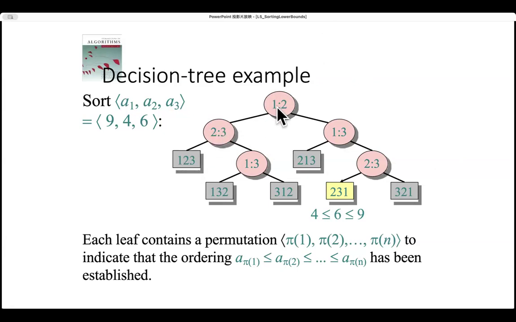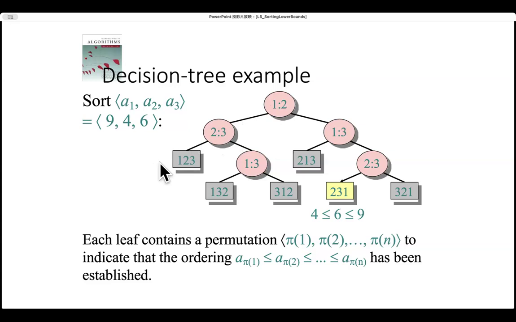But if the algorithm was not designed smart enough, then you would think that you still need to compare, because you compared 1 and 2, you compared 2 and 3. So you may, for example, need to compare 1 and 3.